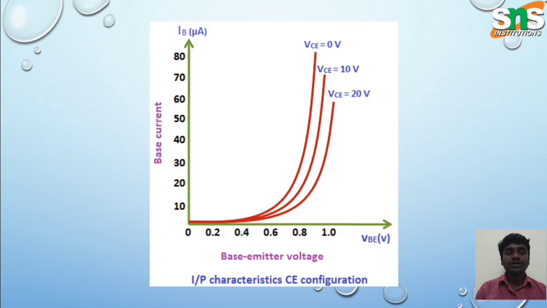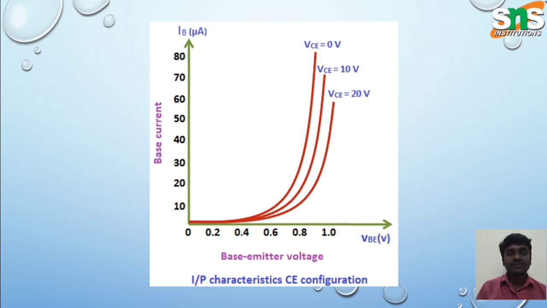This is the input characteristics for common emitter configuration. Here the x-axis is VBE and the y-axis is IB, with VCE maintained constant. Initially we maintain VCE at 0 volt, then it works like a PN junction diode.